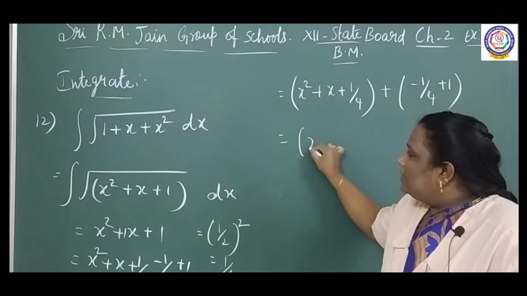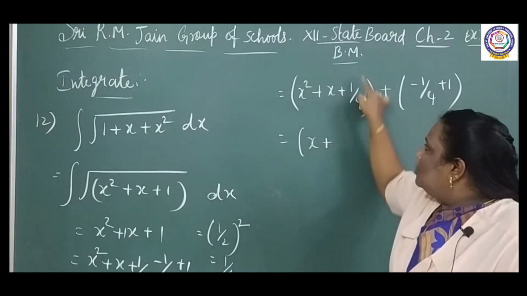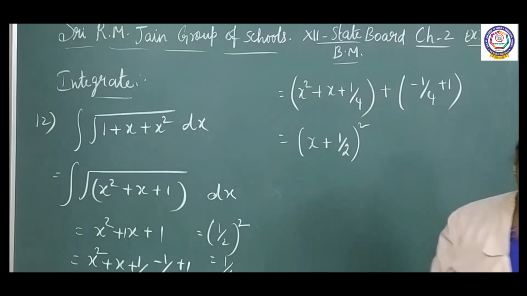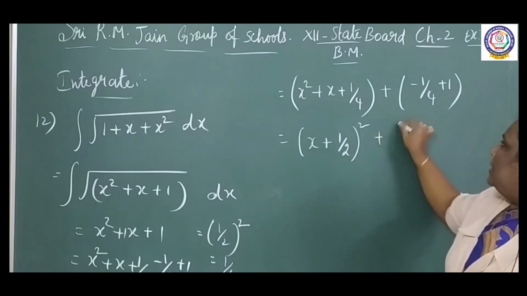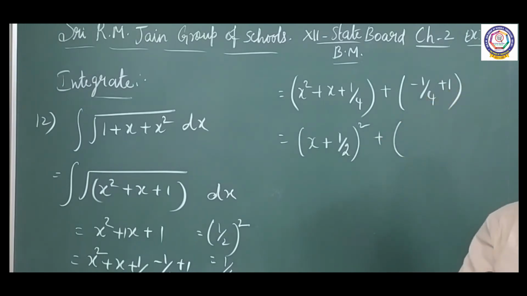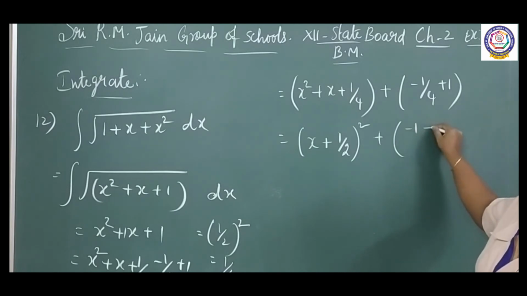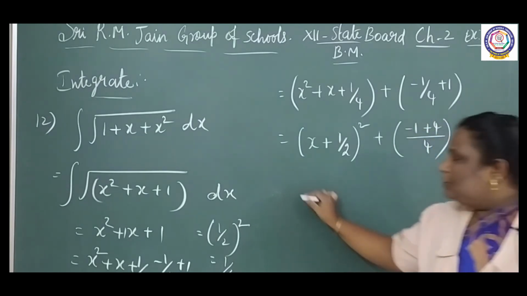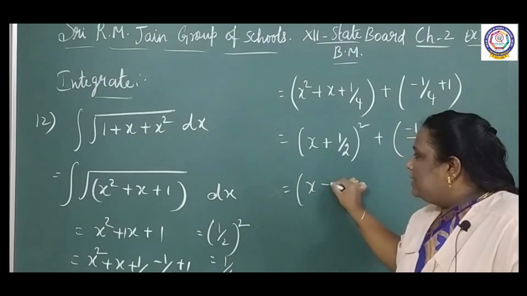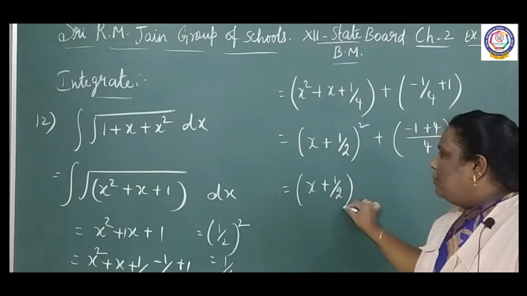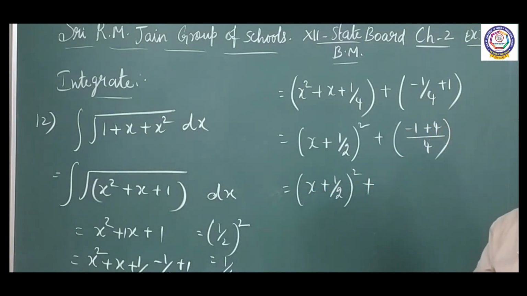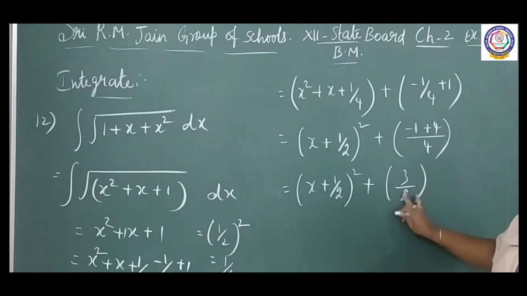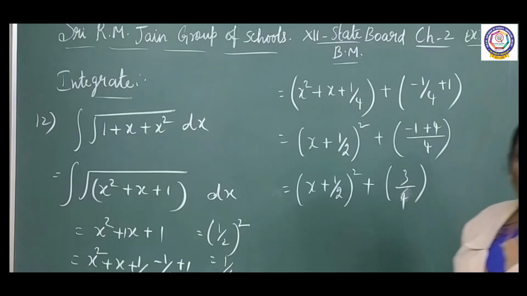So what is this? X plus what is the square root of this one? 1 by 2 the whole square, plus take the LCM, 4 as the LCM, minus 1 plus 4 by 4. So it gives x plus 1 by 2 the whole square plus 3 by 4.